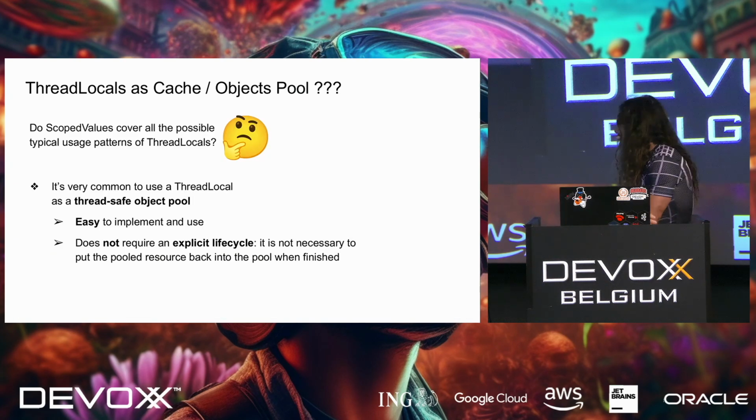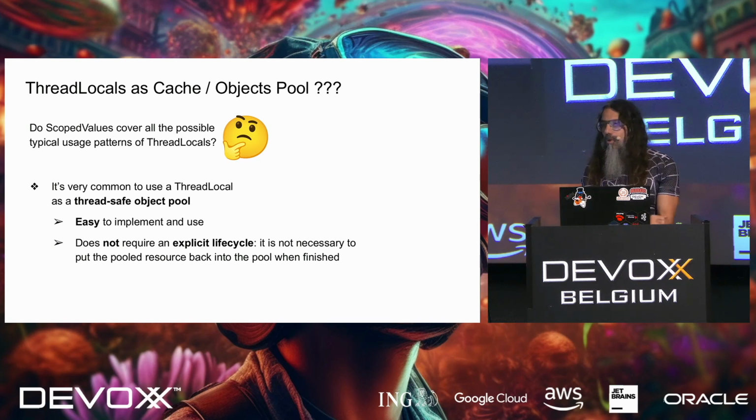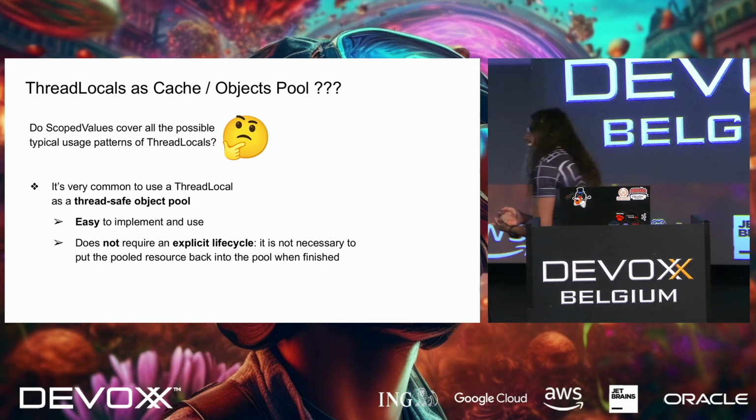Okay, but again, this is only part of the story. There is another very, very common usage pattern for ThreadLocal, which is object pooling. Okay, and this is very common for a few reasons, because it's very easy to implement and it doesn't require a life cycle. So what does this mean?